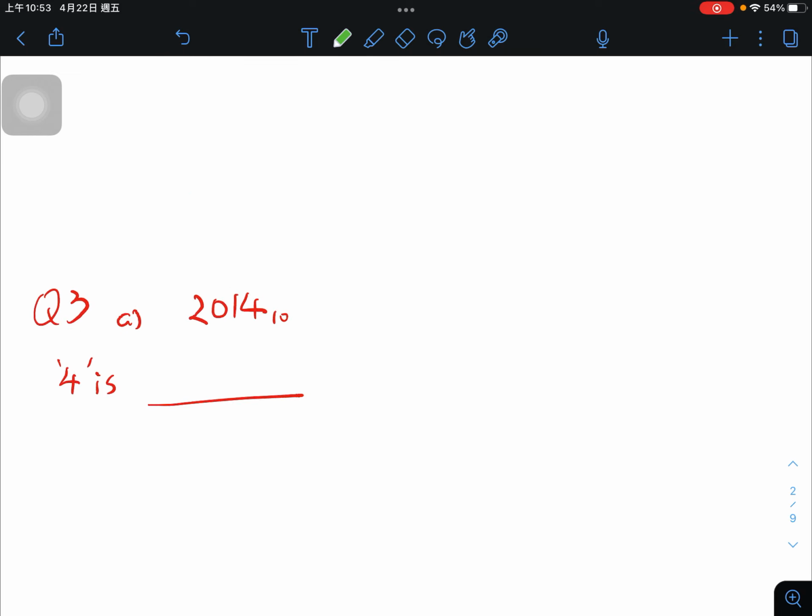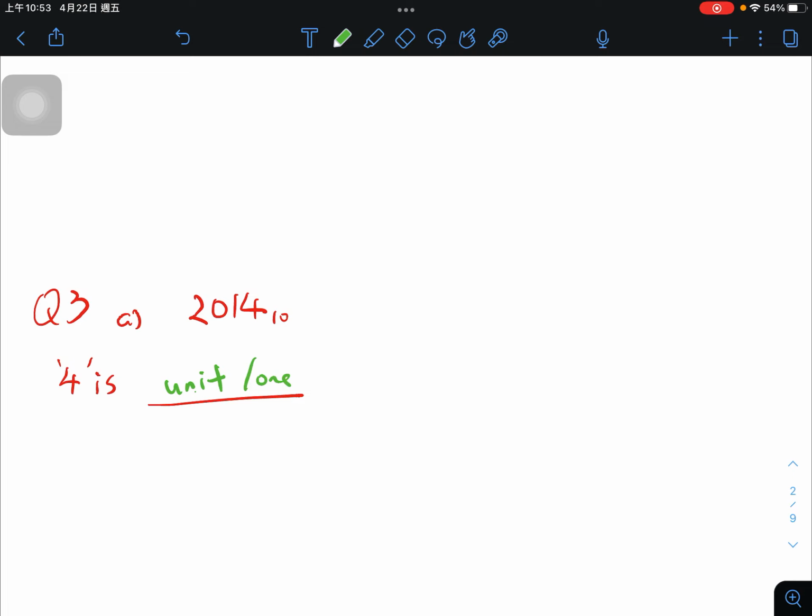Okay, so question number 3 is talking about the place value. For every number in a decimal system, they will have their own place value. How about the 4 here? The 4 is called unit or 1.